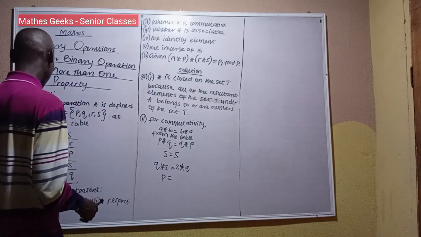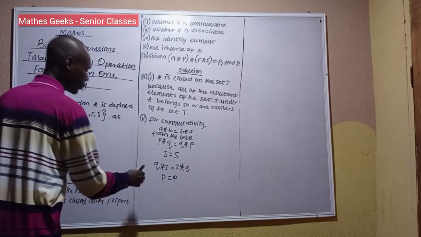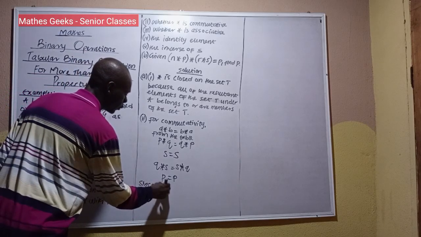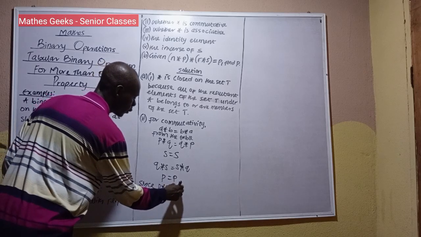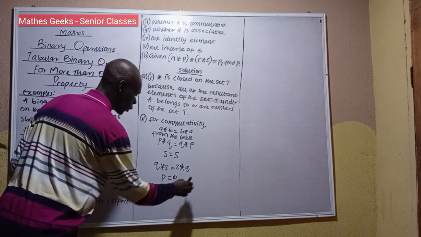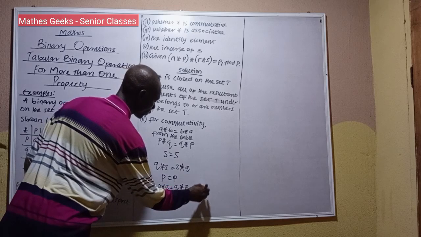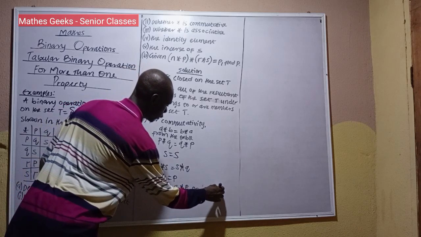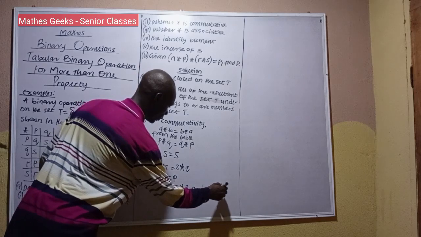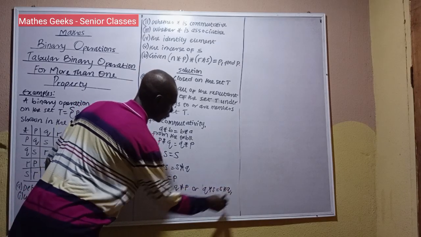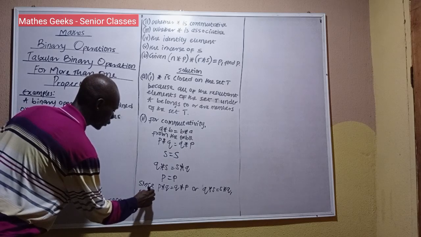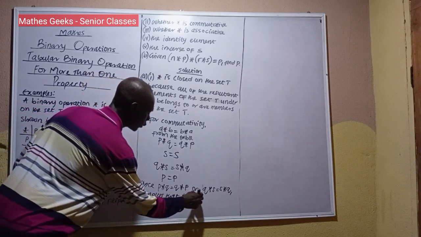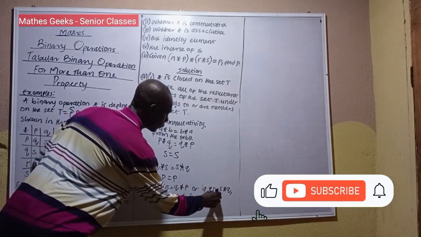S star Q is P. So since P star Q is the same as Q star P, and Q star S is equal to S star Q, it implies that star is commutative.